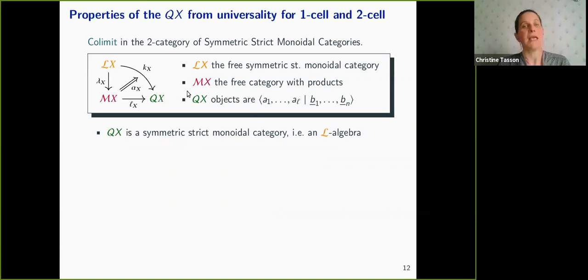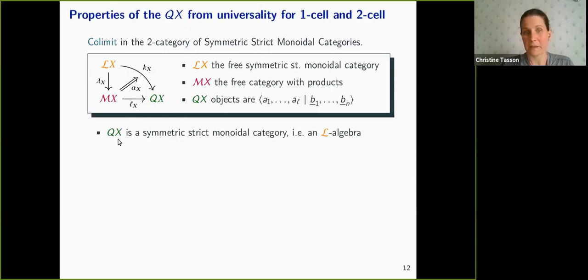The first thing is to observe what properties of Qx I can deduce from the one-cell and two-cell aspects of the universality of the colimit. Remember that we computed the colimit in the world of symmetric strict monoidal categories.